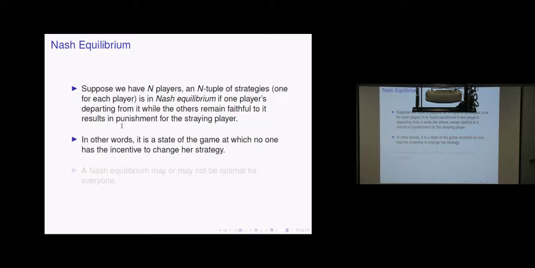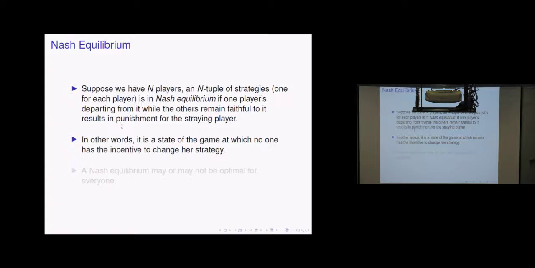Okay. In other words, maybe this is easier. It is a state of this game at which no one has the incentive to change her strategy. A profile is in a Nash equilibrium if no one wants to move away from the current state.